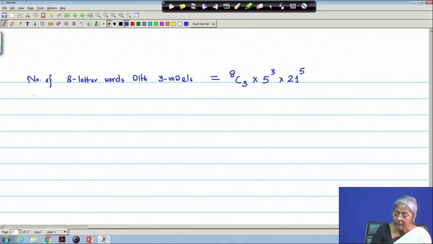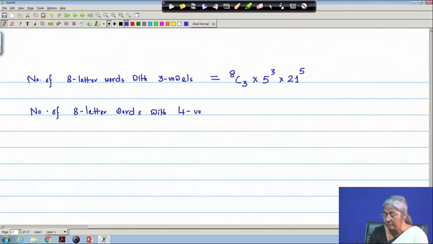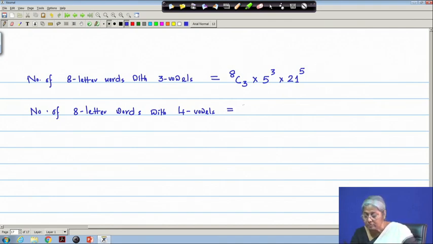Now, if we just extend the idea, the number of 8 letter words with 4 vowels will be 8C4, since now I can choose 4 vowels from 8 letters, 8C4 positions.